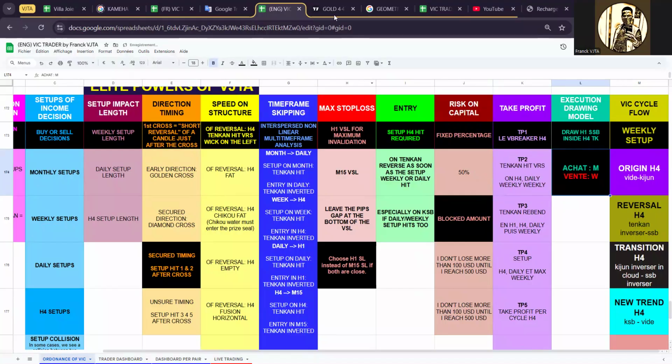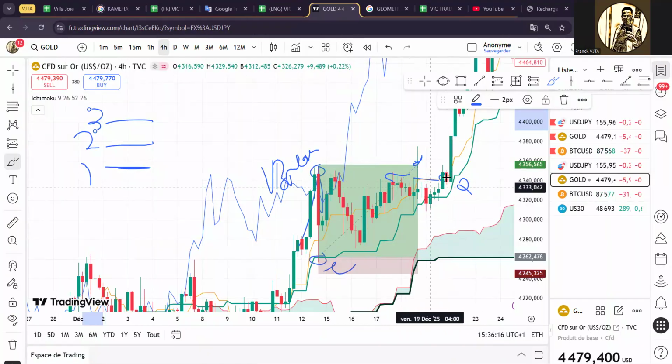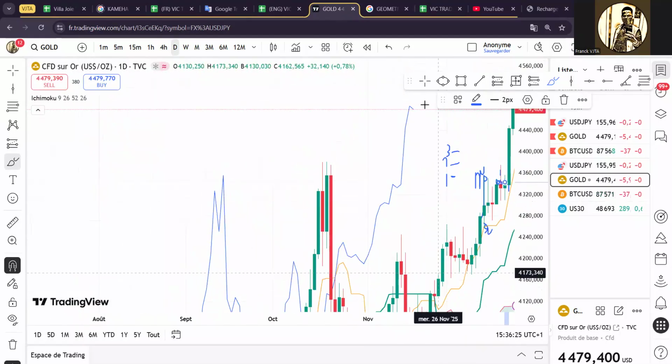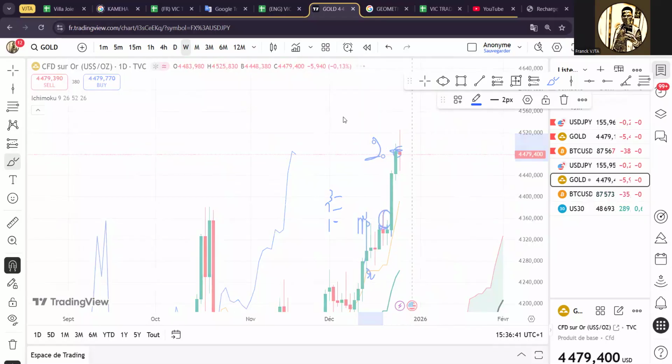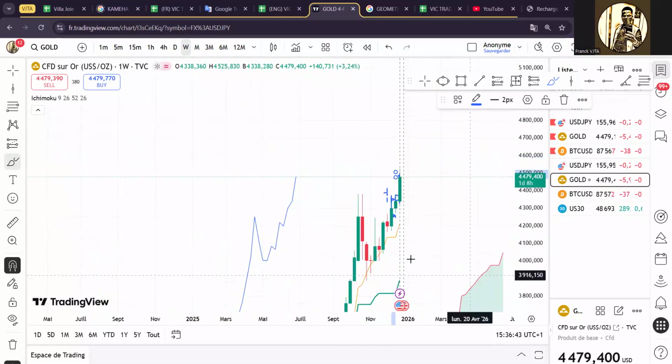That's how you can hold the trade. If you see a Tenkan hitting a VRS, this is the resistance. Tenkan hitting it, the second take profit is here. But if you go on daily, Tenkan hitting this candle, this resistance here, the take profit number 2 on daily is far above here. For the weekly, we have not yet touched the resistance.